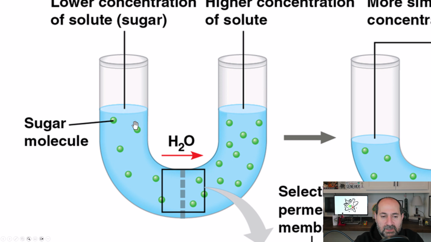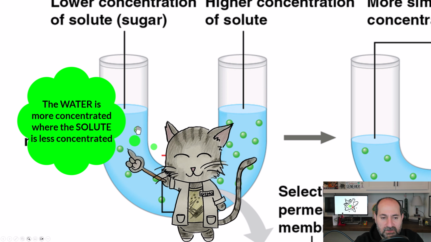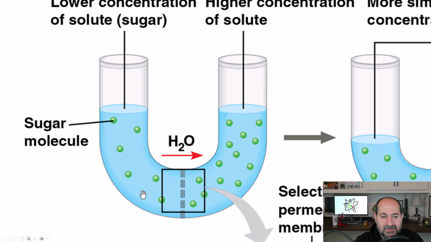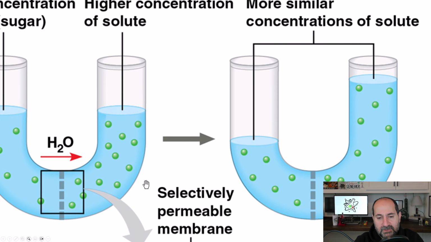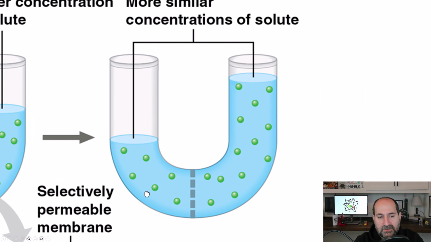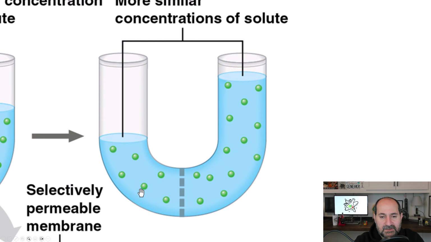The water is more concentrated, right? So where the solute is lower, that's where the water is more concentrated. The water will diffuse from where water is highly concentrated to where water is lower in concentration. So there should be a net diffusion of water to the right.